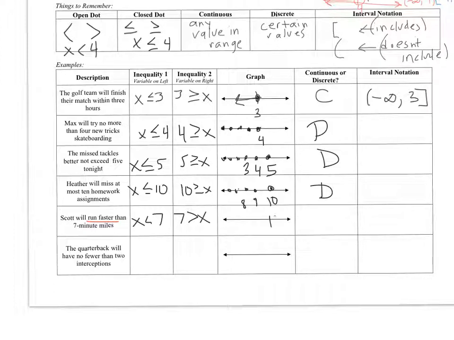So it's going to be an open dot at 7. It's going to be continuous. It's going to be shaded to the left. So I can write interval notation. It's starting at negative infinity, stopping at 7, and not including 7, so I put a parentheses.